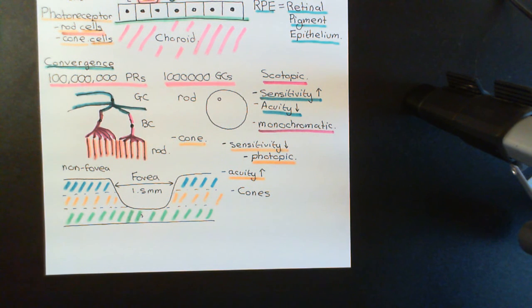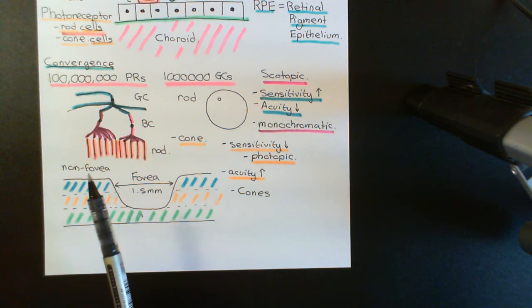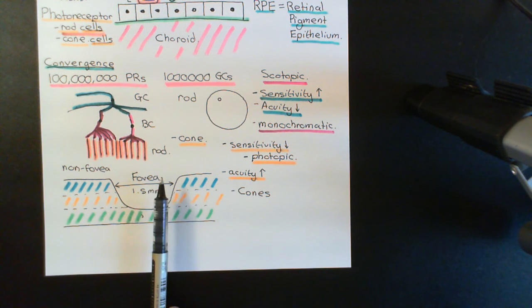The final thing to say about the fovea is that it's the place where the visual acuity is absolutely the best. And the reason that the visual acuity is the best at the fovea is that it really does have no convergence. So it is the case that a single cone photoreceptor will synapse onto a single bipolar cell, which will synapse onto a single ganglion cell. So the ratios are 1 to 1 to 1 here.